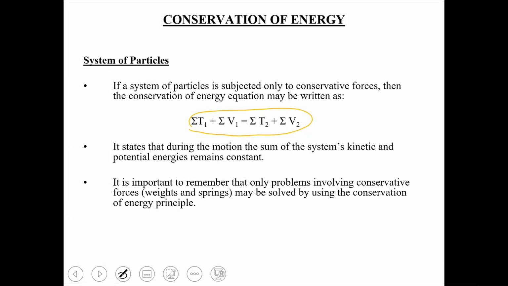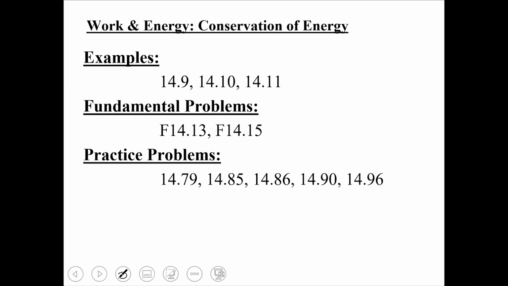System of particles से क्या मुराद है कि अगर आपके पास उसी तरह रोप और पुली के साथ दो पार्टिकल्स कनेक्टेड हैं तो then the initial energy of the system should be equal to the final energy of the system, provided that there is no non-conservative force acting on the system between position 1 and position 2. So you can apply this conservation of energy principle on a single particle, or on a system of particles as well. I hope that the point is clear to all of you. Okay, so we are going to solve a few examples relevant to this topic as well as problems.